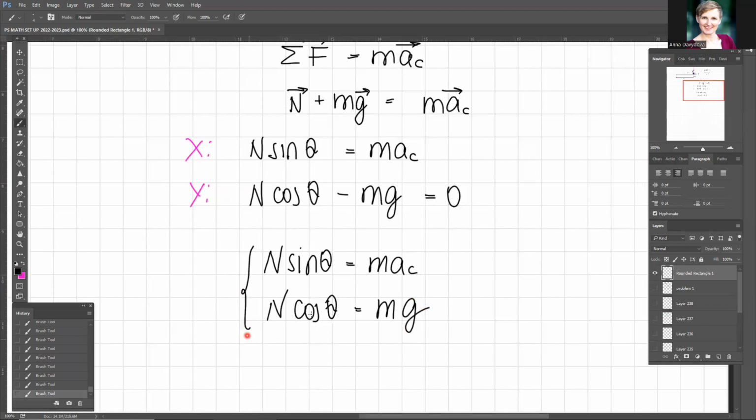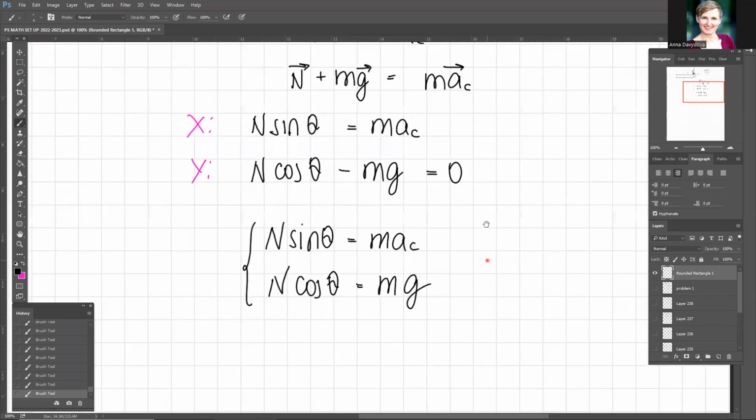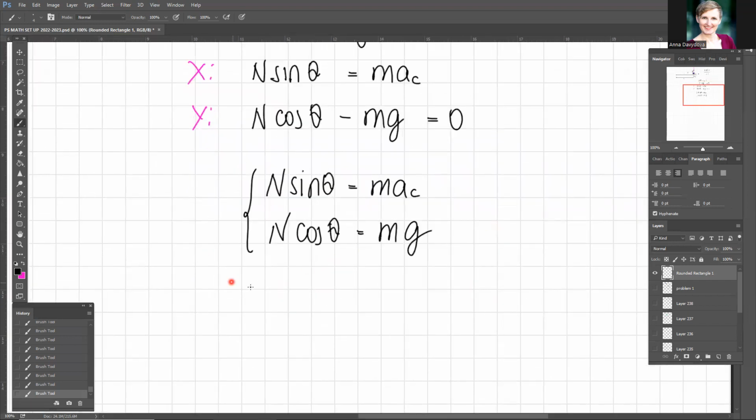So that's my system. I will divide one over the other, top by the bottom. Sine theta divided by cosine theta. When I divide, N and N will cancel each other, and m will cancel each other.